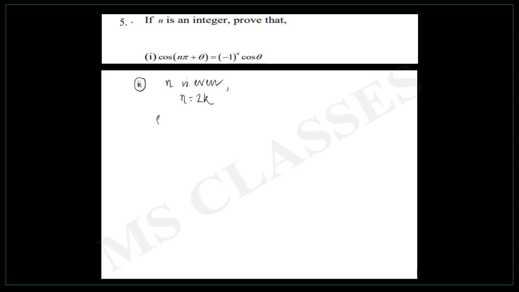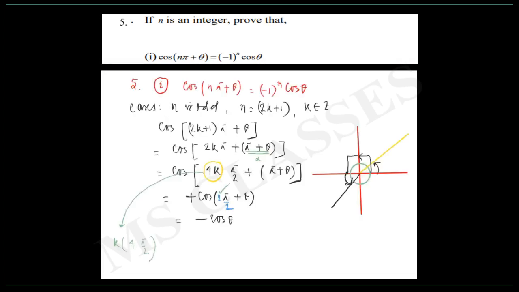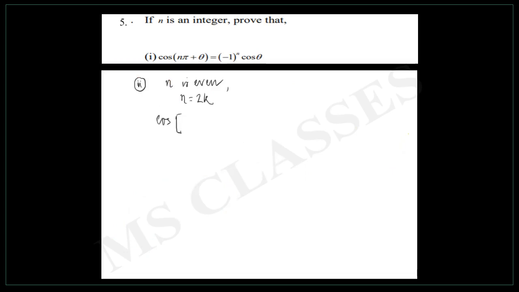It is cos of, what is the expression? n pi plus theta. So it will be 2k pi plus theta. So that will be cos of 4k pi by 2 plus theta. This is what we get.